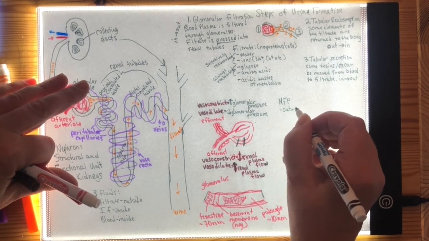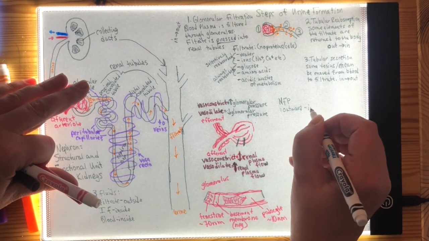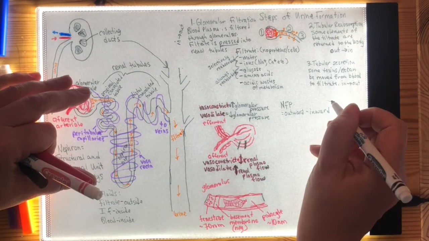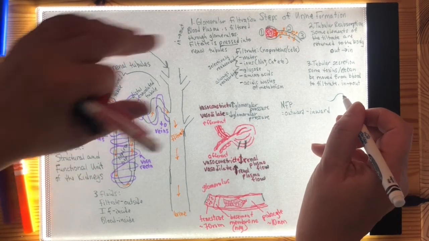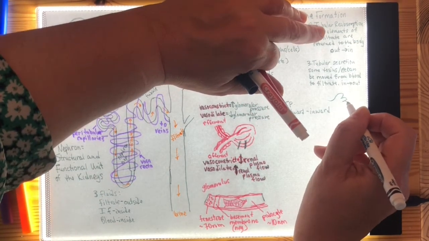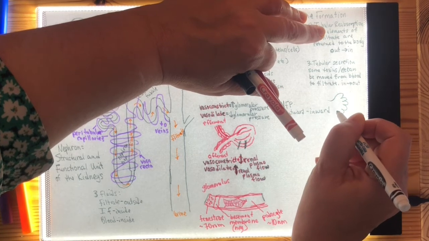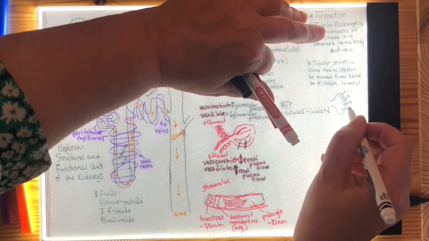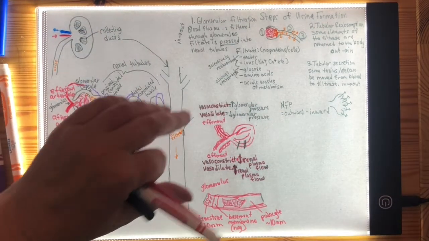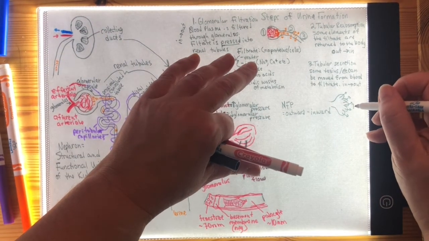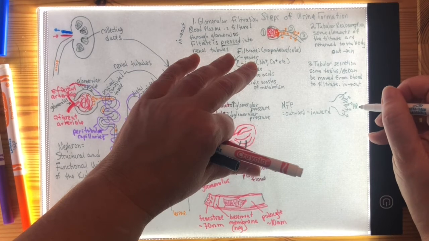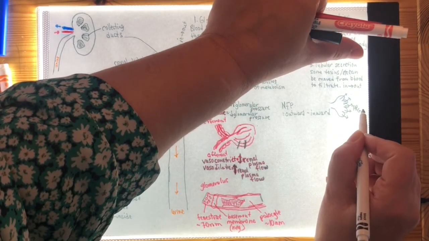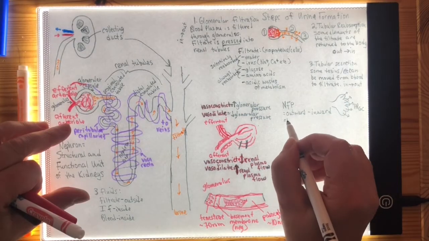We're going to be talking about net filtration pressure, and I'm afraid I'm going to have to use lots of initials here and state the words because I'm just not going to have room to write them all. So net filtration pressure is the amount of pressure that is involved in pushing out that filtrate. And it turns out there are some outward pressures and there are some inward pressures. The main outward pressure is going to be called HP sub GC, the hydrostatic pressure of the glomerular capillary.